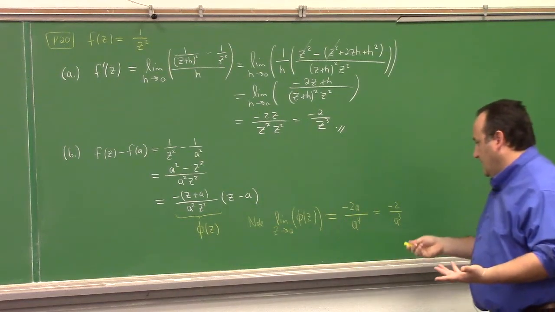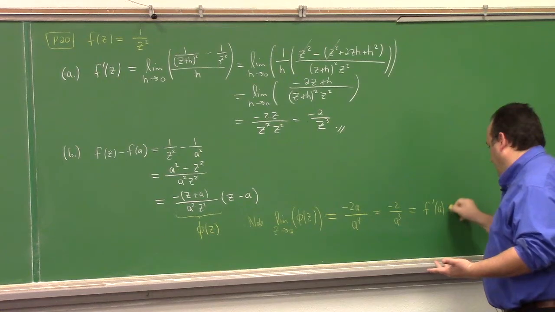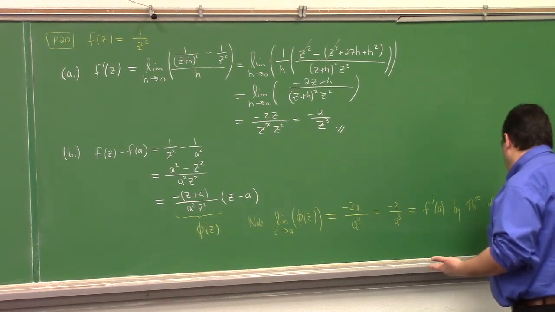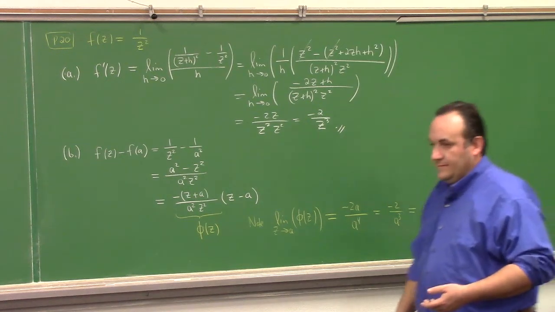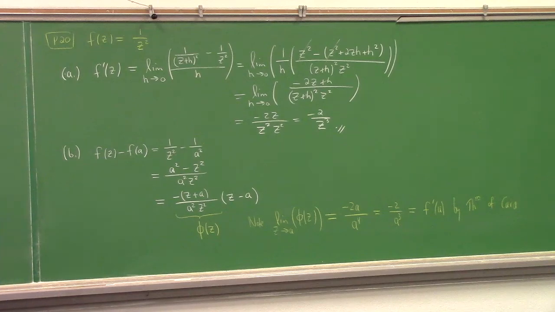And then by the theorem of Carathéodory, this is equal to f prime of a. So the algebra is related, right? Any way you slice it, you're going to have that making a common denominator calculation in there.